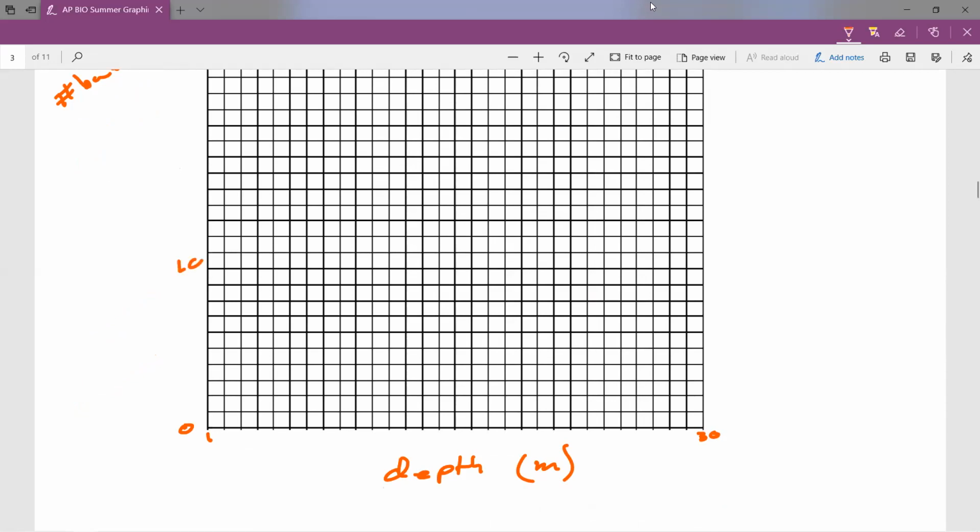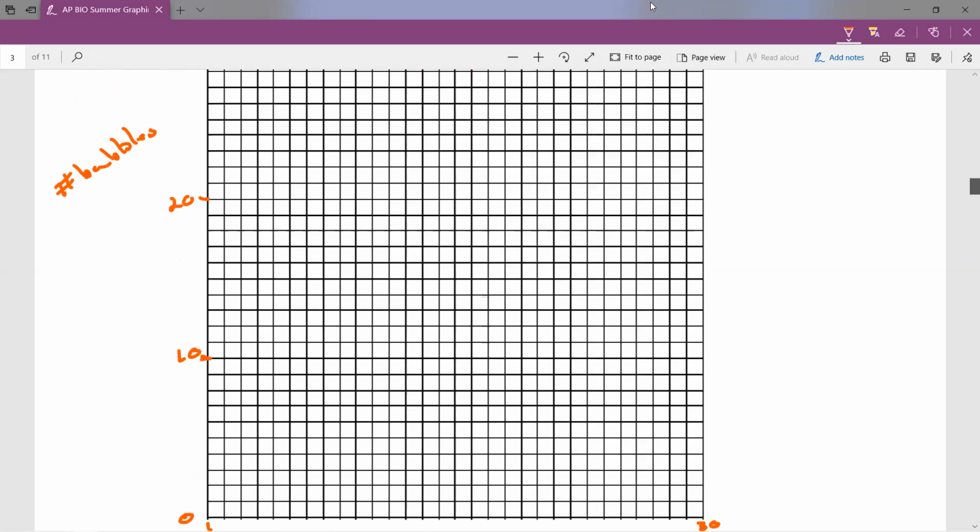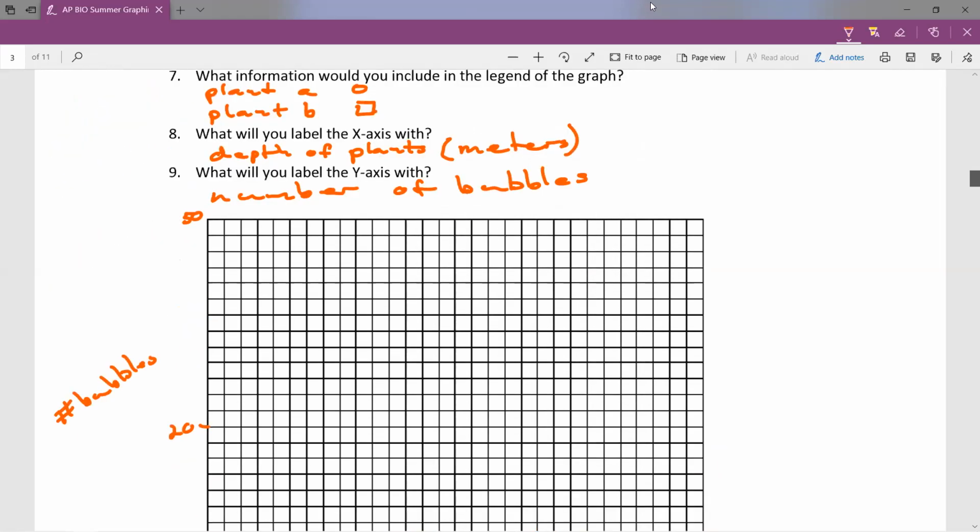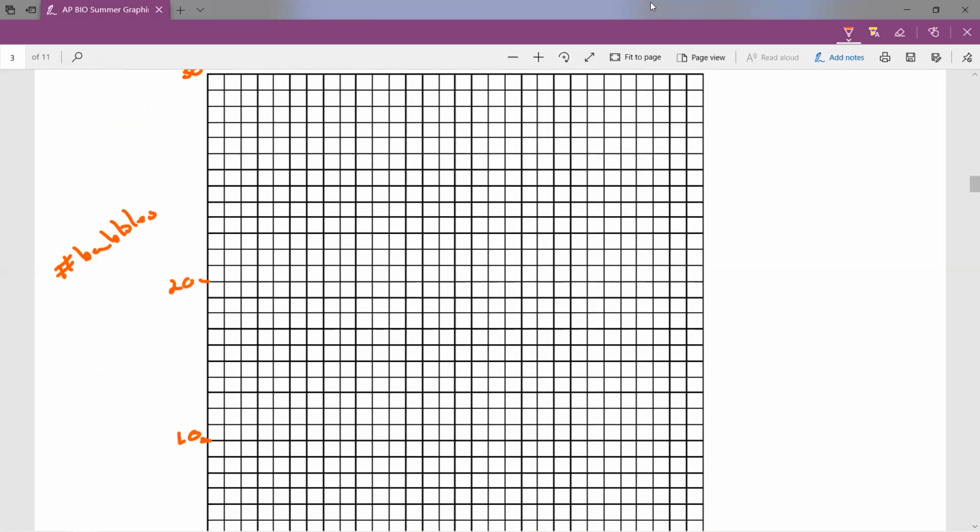Look at that, I end up counting. Maybe there aren't 50. There are not 50. Well, it looks like we're going to have to go by 2s to make this all fit.